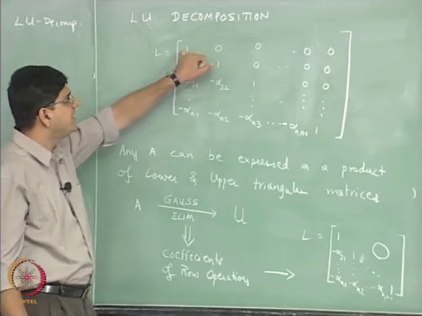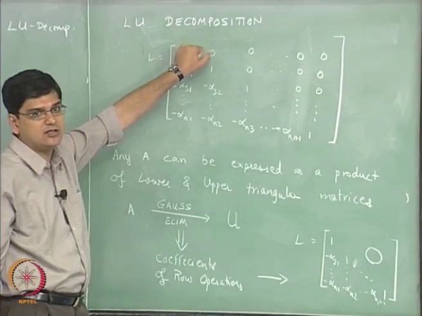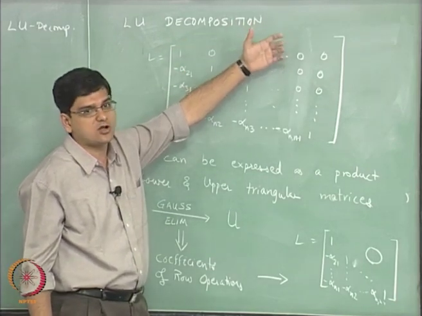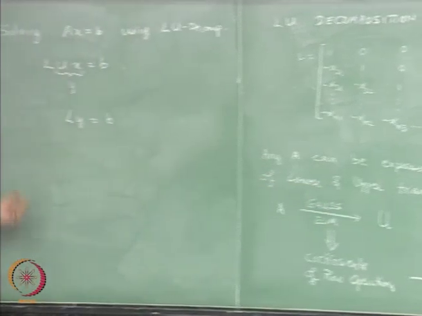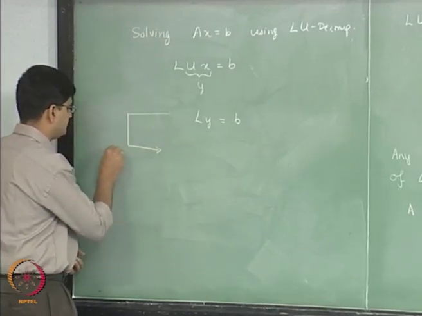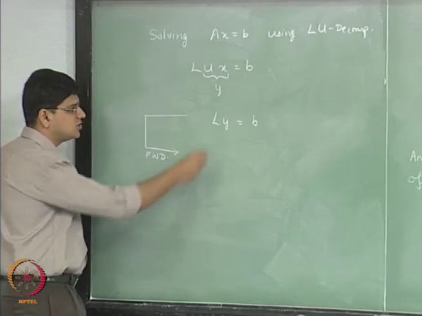Okay, where the matrix L has a form of this type. What we get in this particular form is that the diagonal elements are all 1, and the upper diagonal elements are all 0. So, instead of a back substitution step, we use a forward substitution step to get y.